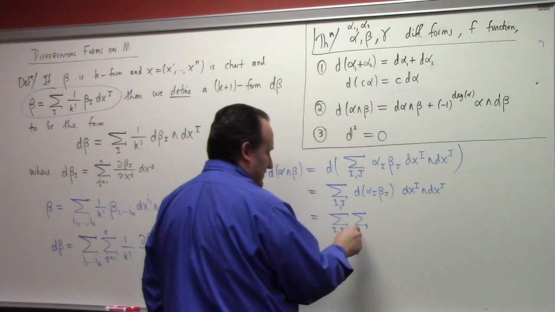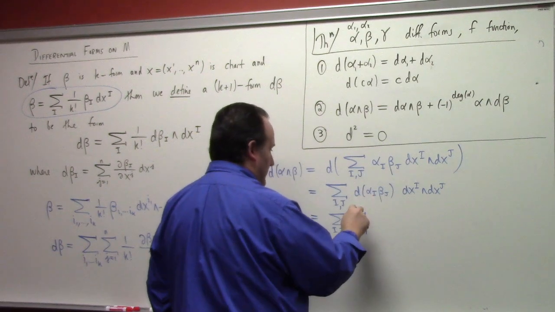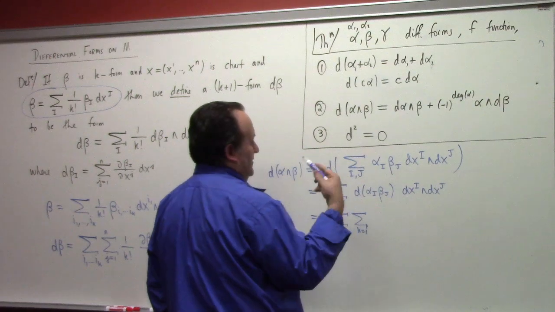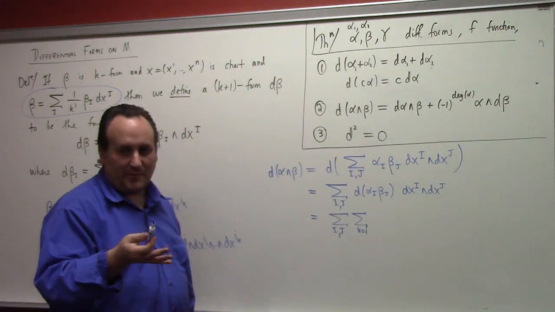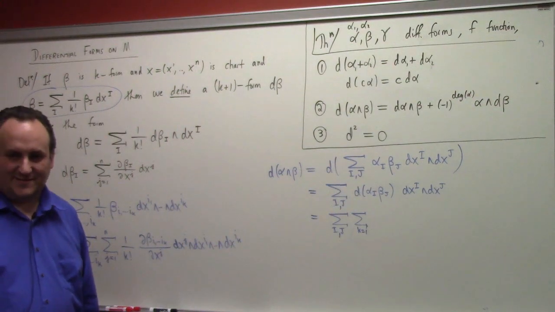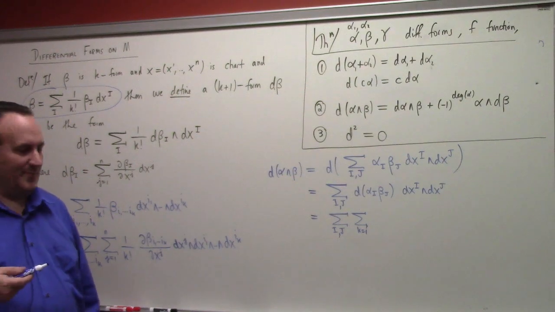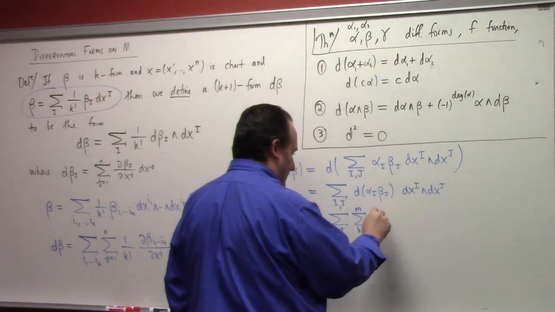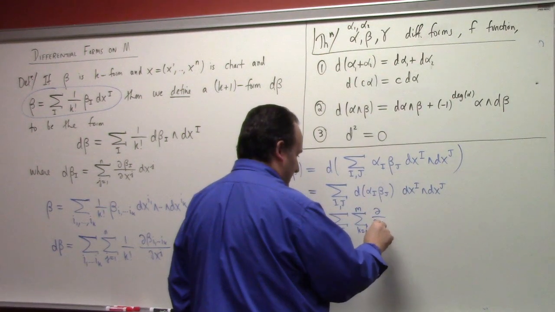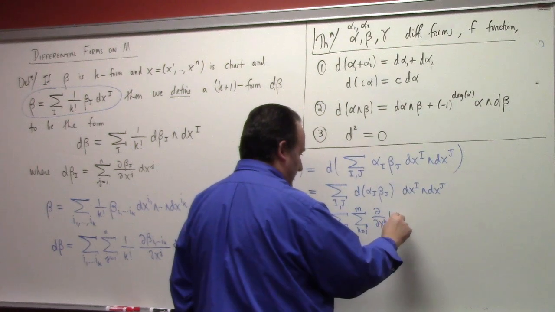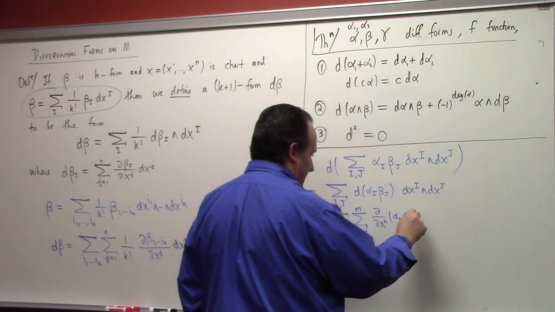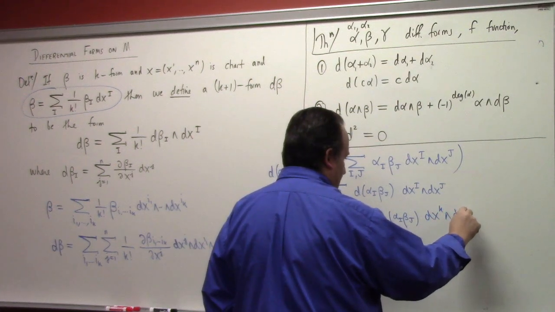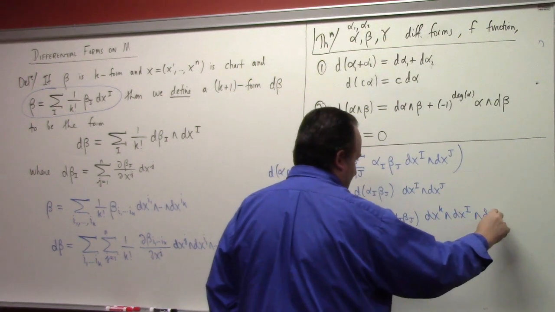So these i and j are multi-indices. k is just going from 1 to m, the dimension of the manifold. And so we've got partial over partial x^k of alpha_i beta_j dx^k wedge dx^i wedge dx^j.